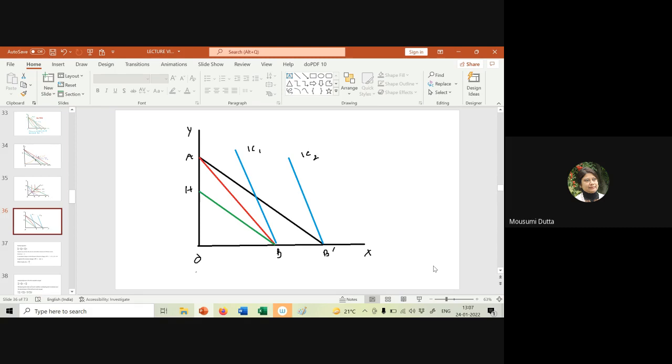As the price of X goes down, the budget line rotates to AB prime.